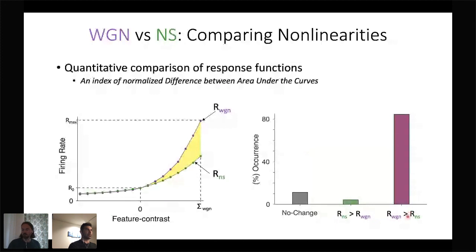We found that for 85% of cells, when the stimulus was changed from natural scenes to white noise, there was a significant amplification in the response function within the range of feature contrast of white Gaussian noise images, similar to the pattern shown in this picture. For about 5% of cells, we found the opposite effect. And for about 10% of cells, we found no significant changes between the response functions of the two stimulus regimes.